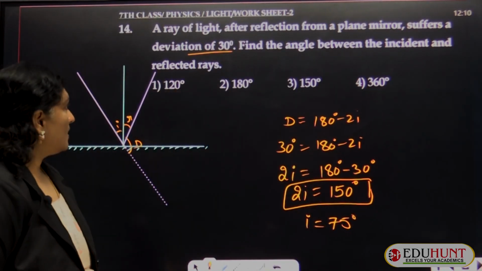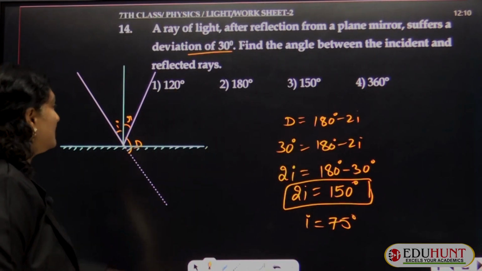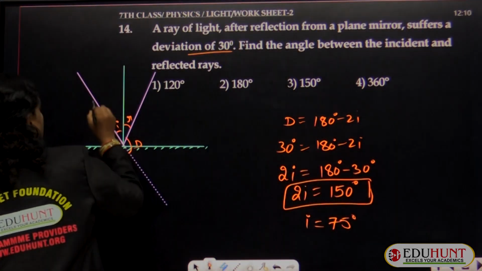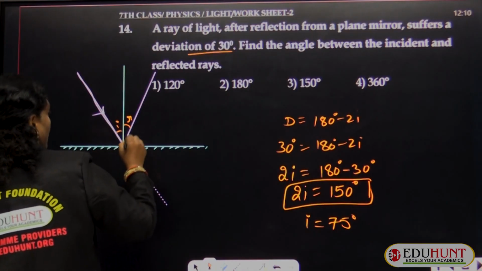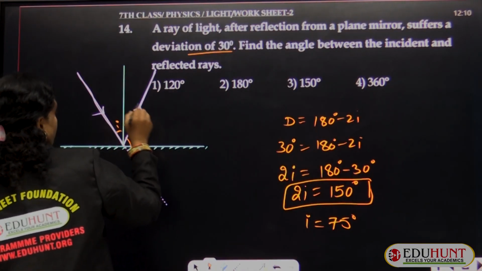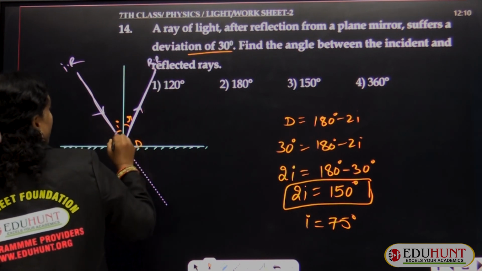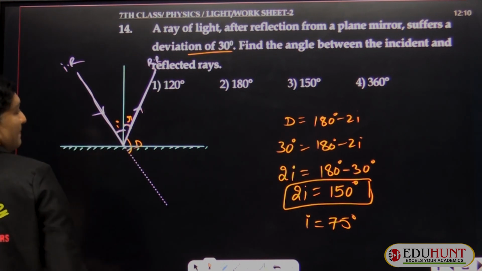You are asked to find out the angle between the incident ray and reflected ray. So, this part is your incident ray, and this part is your reflected ray. You are asked to find this total value, that is i plus r.